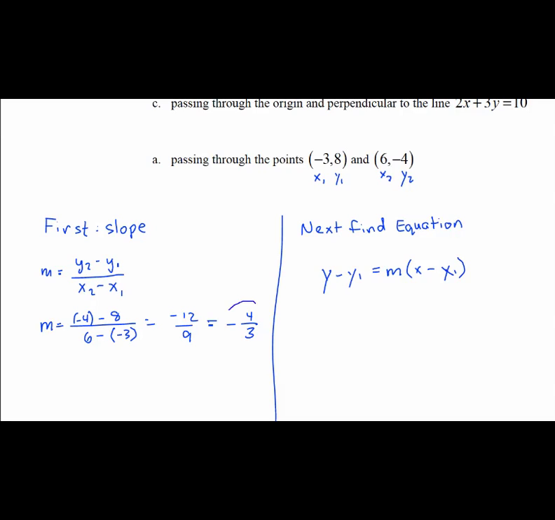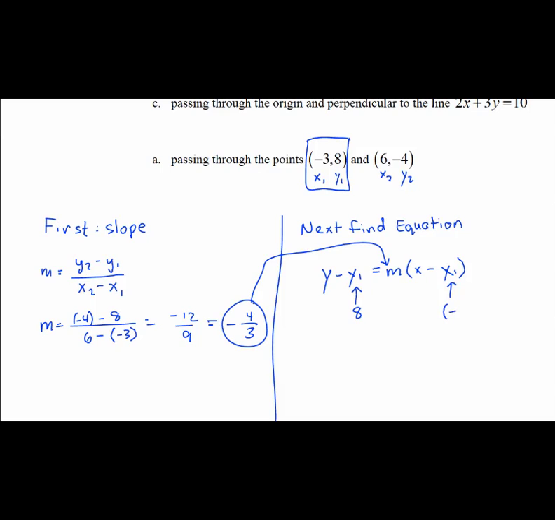And I will plug in this -4/3 that I just calculated for my slope m. I will take my x1 and y1 coordinates and plug those in for x1 and y1. It doesn't matter which point we use at this stage, but it makes sense to use the one that we already labeled with the appropriate subscripts.